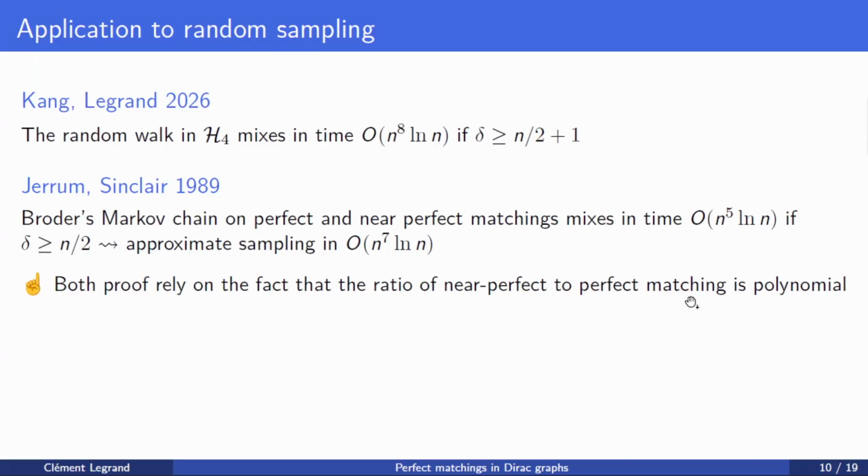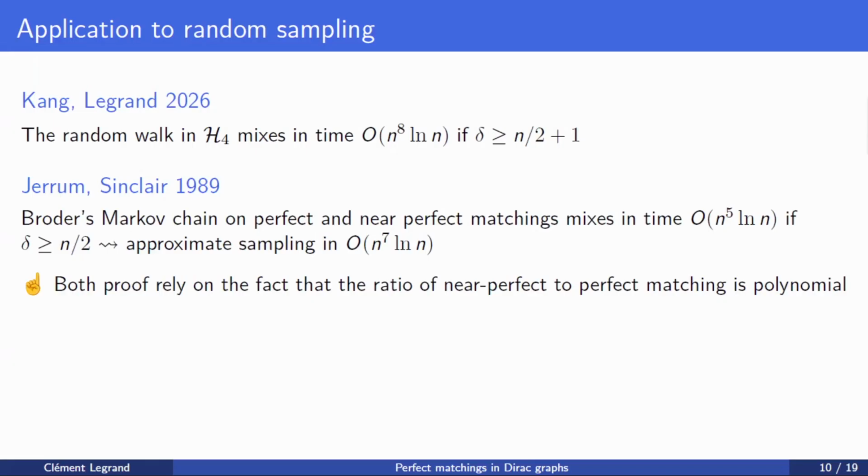And because this ratio is n squared, if you do this n squared times, you will, with high probability, meet some perfect matching on the way. And therefore, you get some approximate sampler in time n to the 7 log n, which beats us by a factor of n.